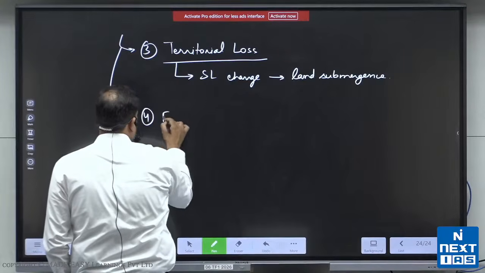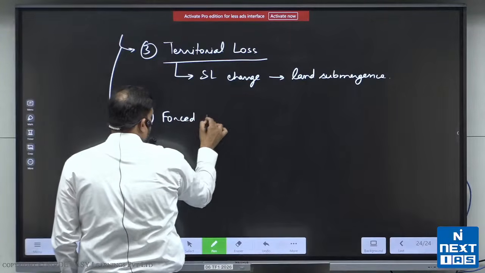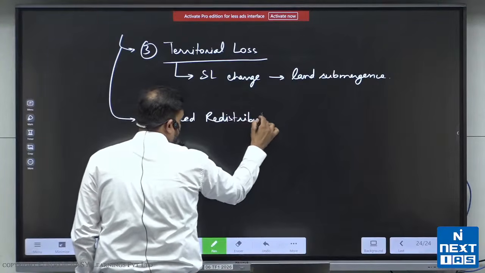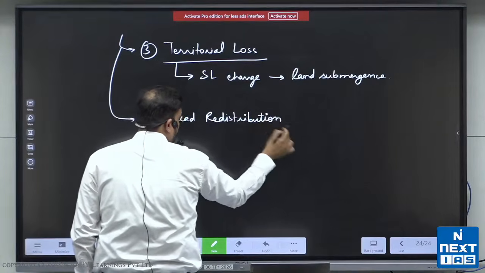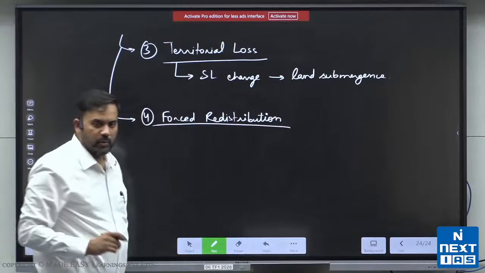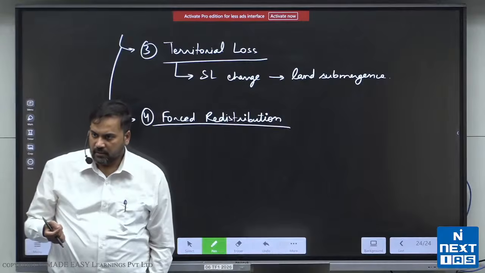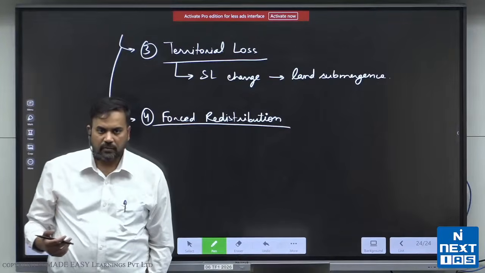a forced redistribution. There can be forced redistribution. So you must have heard about climatic migration, which is result of what?